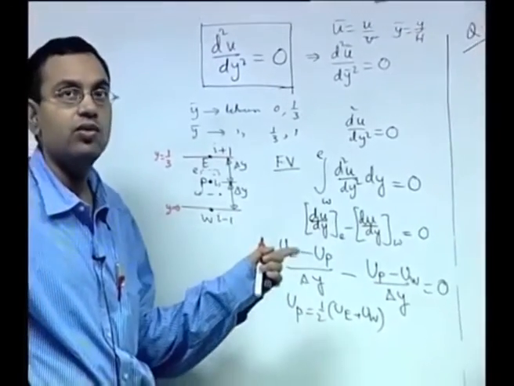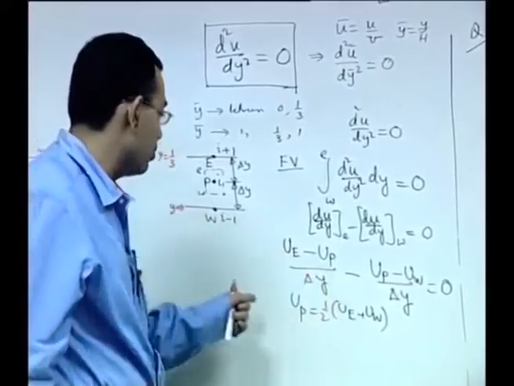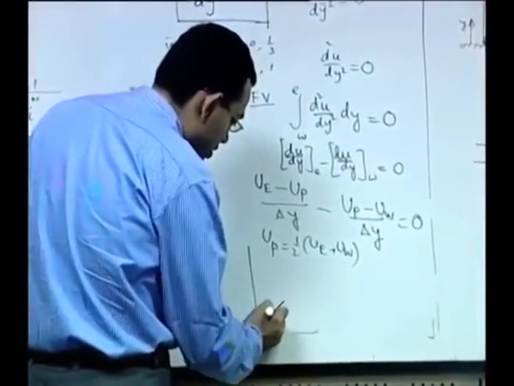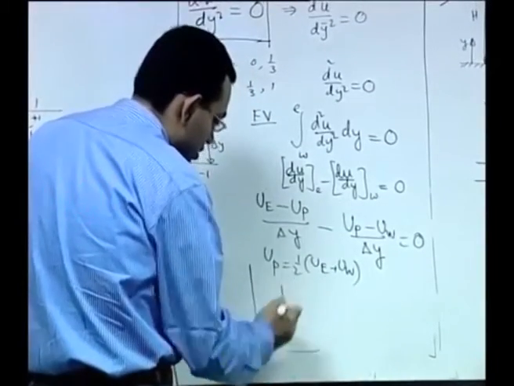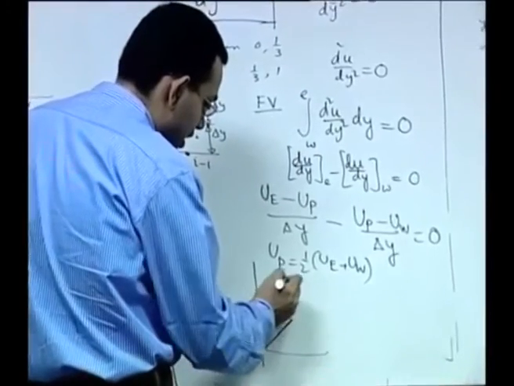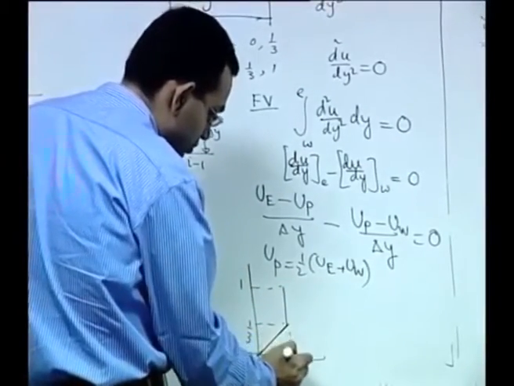So, we need not go into the solution again, you will find the same velocity profile, that it is up to 1/3 like this and then up to 1 it is a constant.